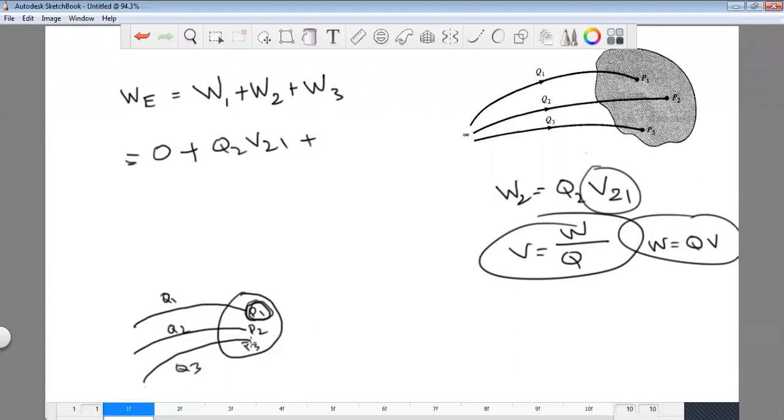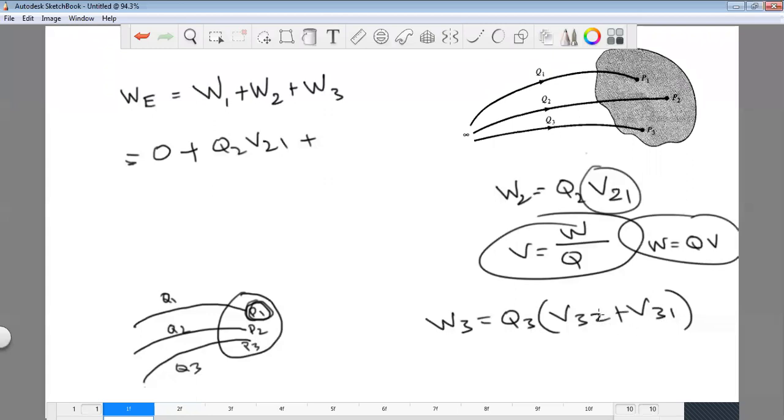At point P3, Q3 will experience some opposition from Q1 as well as Q2. So the total work done W3 equal to Q3 into V32 plus V31, that is Q3 V32 plus Q3 V31.